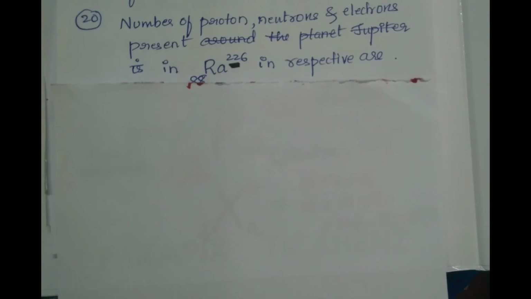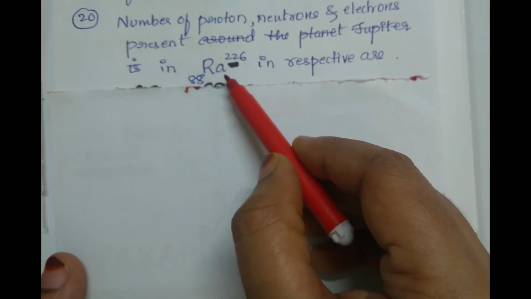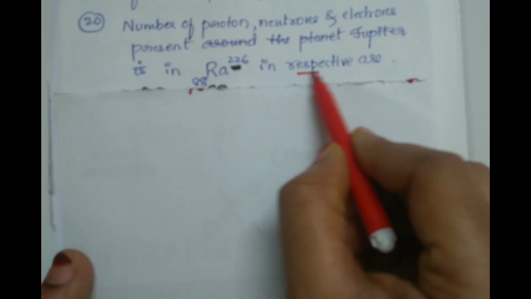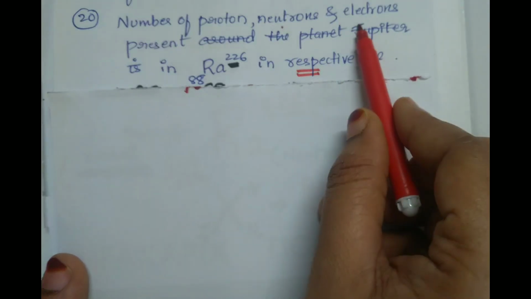Here we have the 20th question, that is the number of protons, neutrons and electrons present in a radium atom, respectively. That means you have to write it in order: proton, then neutron, and then electron.